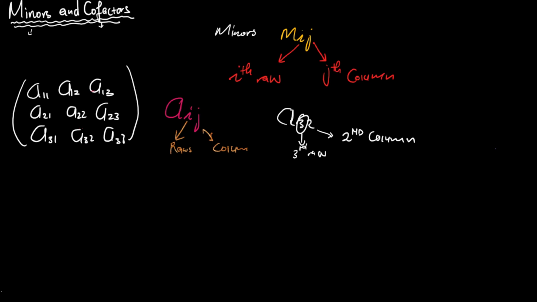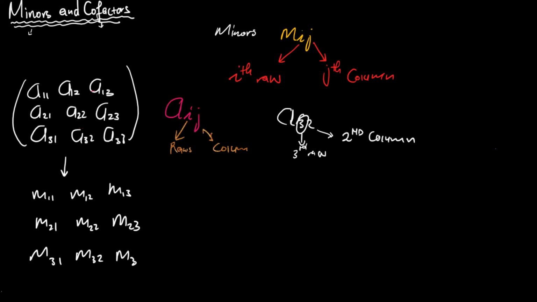Okay, now for minors, let's look at how we actually find minors. We're going to convert these to M11, M12, M13, M21, M22, M23, and then M31, M32, and M33.